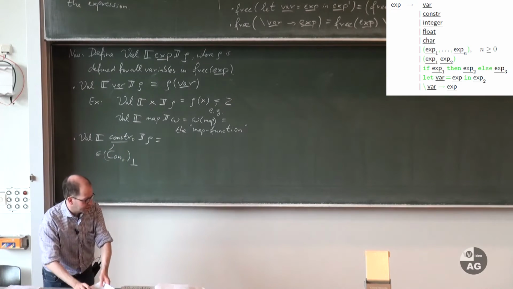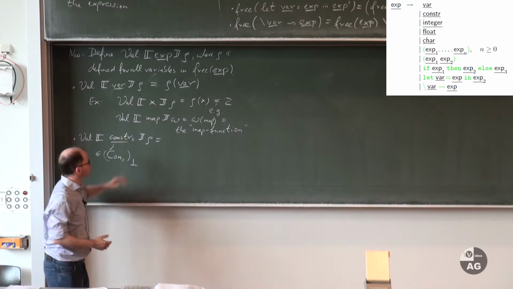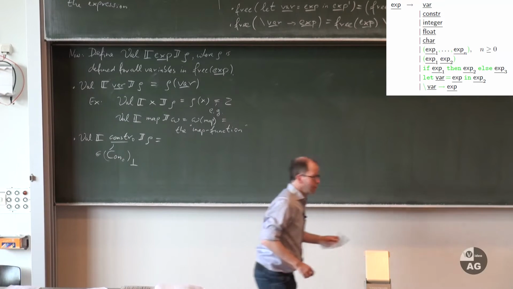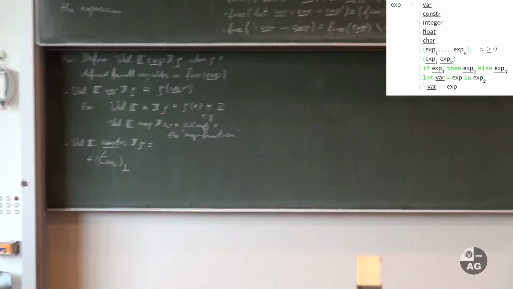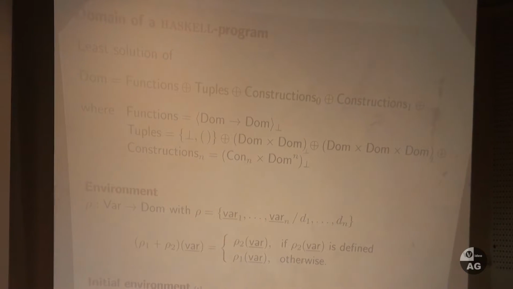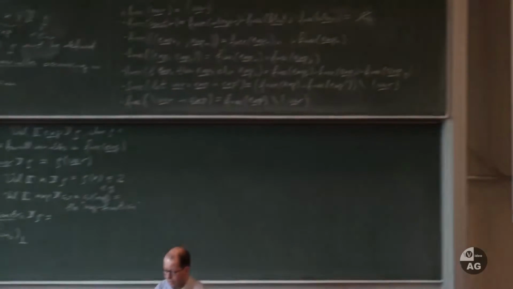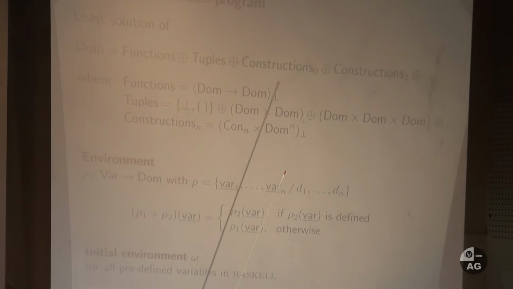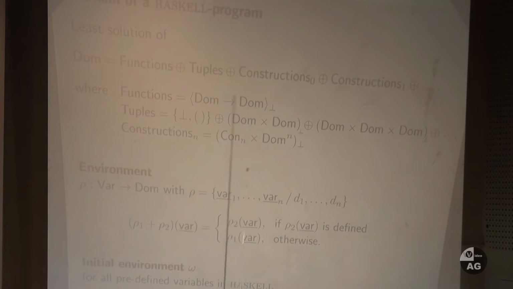Well, the result of this should be some element from DOM. What was DOM? DOM was this large set containing all the mathematical objects that we need. So in particular, it contains constructions 0, these are elements from con0 bottom.